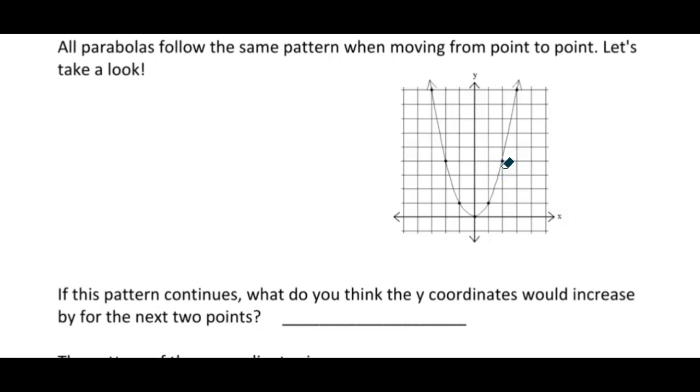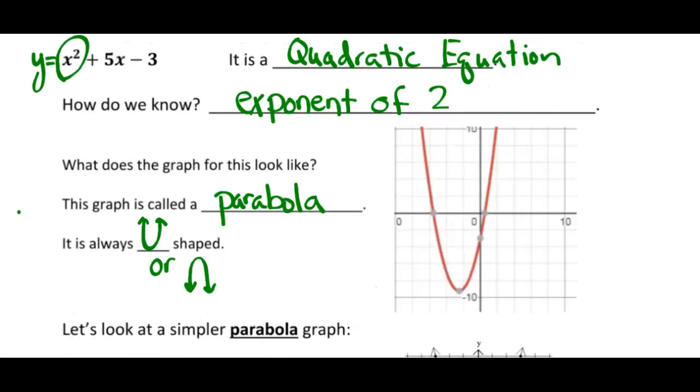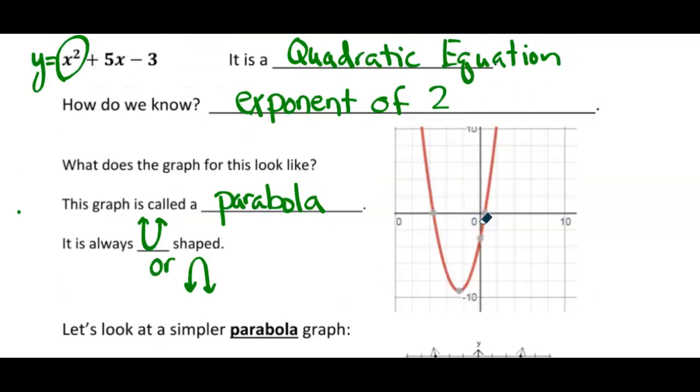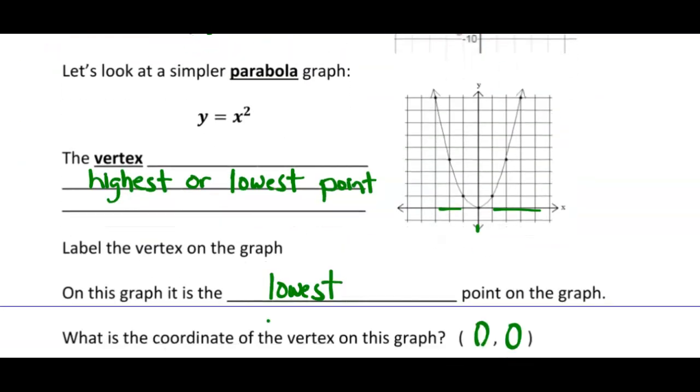Is that true for those other two graphs that we've looked at? It sure is. If I go over 1 to the right and up 1, this should be down further. That should be on the axis. Let me use the other one because it's graphed better. Here, if I went over 1 to the left and then up 1, I would get to my next point. And I would go over 1 to the left and up 3, I'd get to my next point, and over 1 and up 5.